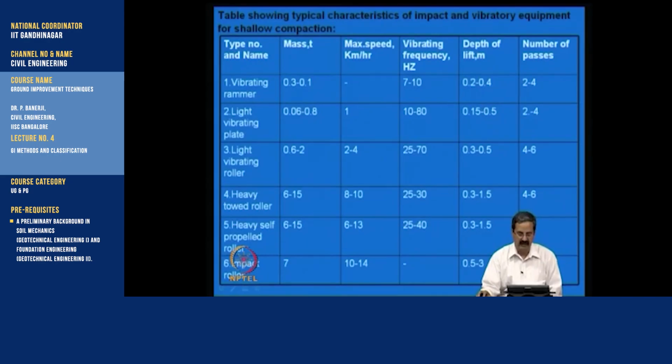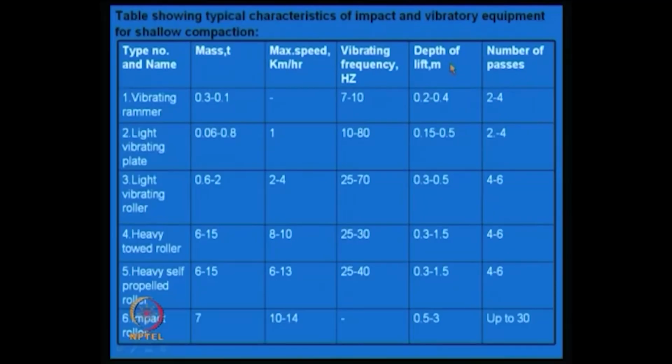If you have heavy towed rollers, you can even go as high as 1.4 meters, and with impact rollers it could be 3 meters. Depending on the type of equipment that you have, the thickness of the lift could be different.